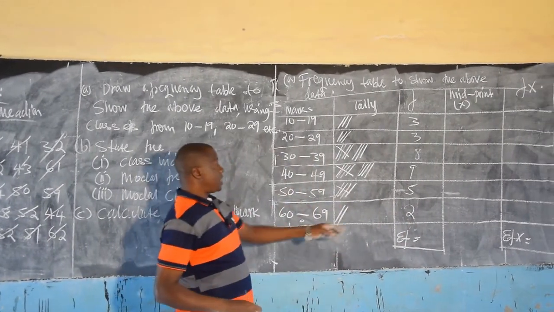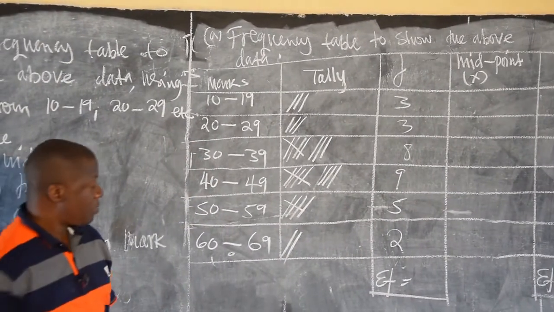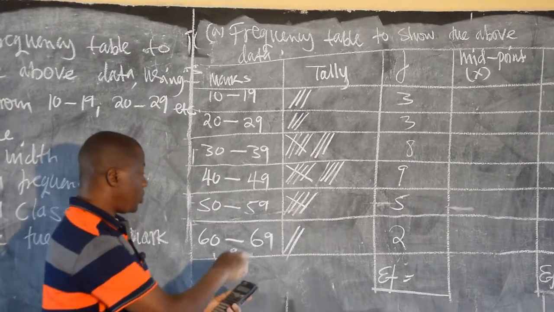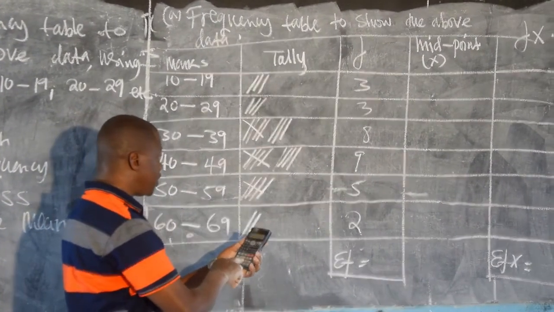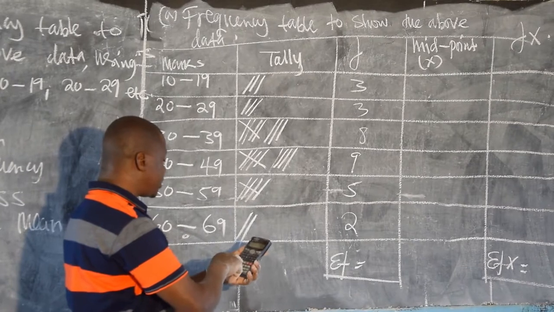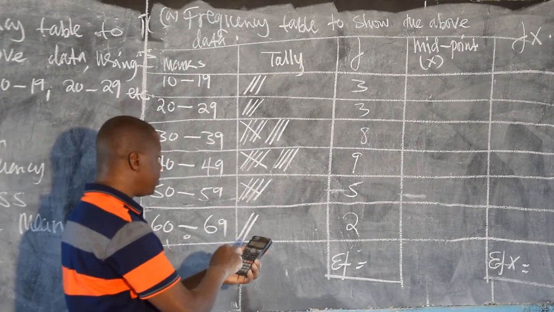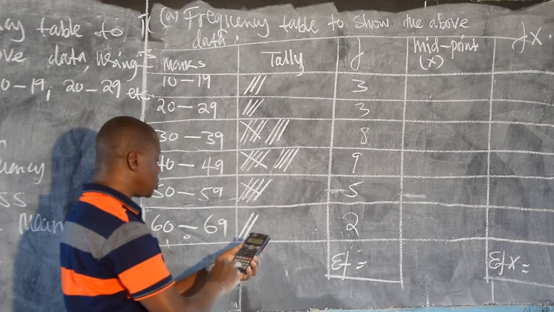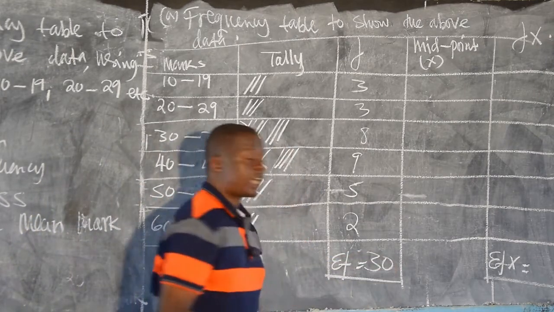Sum up, that is summation effects. They want us to sum up. So we said that 3 plus 3 plus 8 plus 9 plus 5 plus 2. Good. This one gives a total of 30.